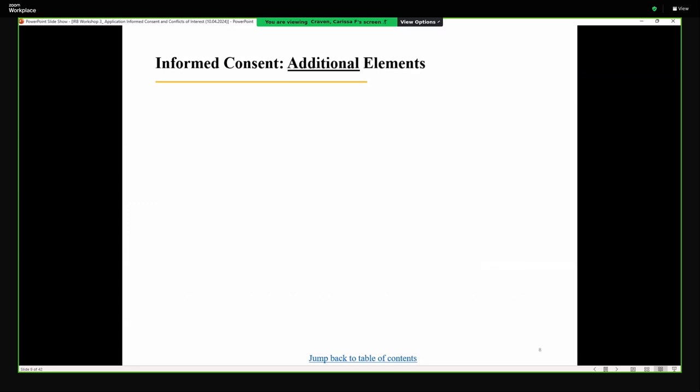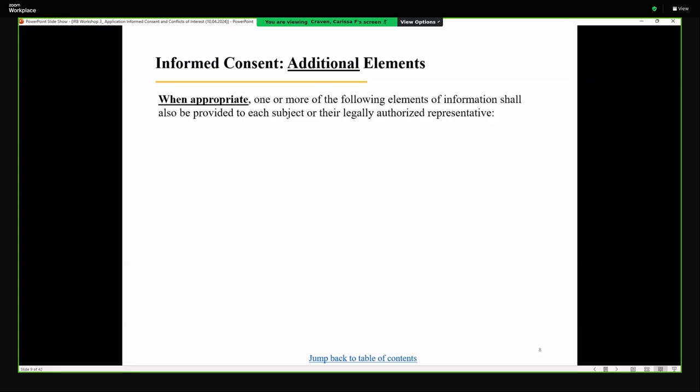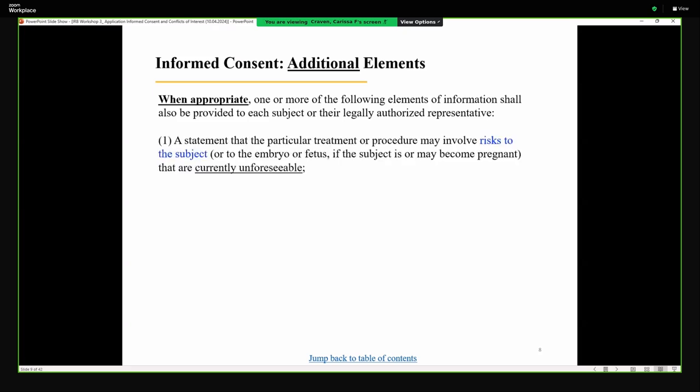So, after the basics, there are potential additional elements that might need to be added based on what your research entails. So, again, this should be provided only if it applies. So if there are risks to the subject that might be unforeseeable, if there are side effects based on what you are doing. Obviously, this is not common if it's a survey, but if you were doing some sort of clinical trial, there are potential risks that you just cannot predict.